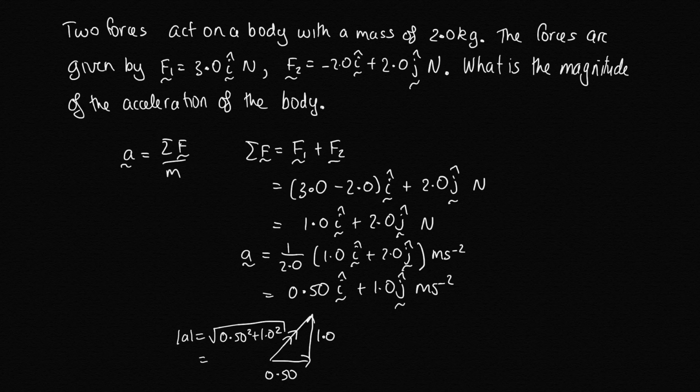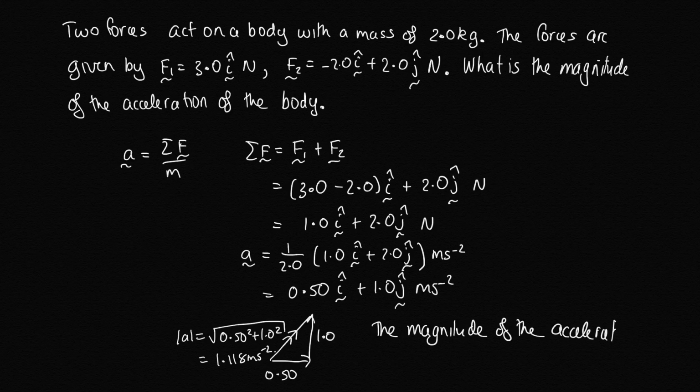Solving this on the calculator, we get 1.118 meters per second squared. We should just present it to two significant figures, as everything's given to two significant figures. So the magnitude of the acceleration is 1.1 meters per second squared.